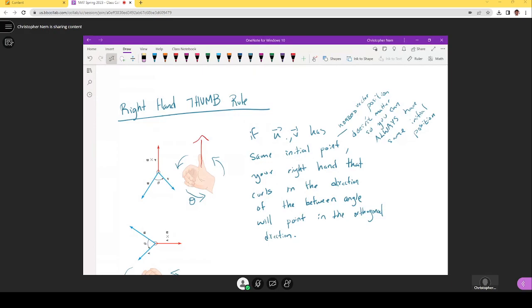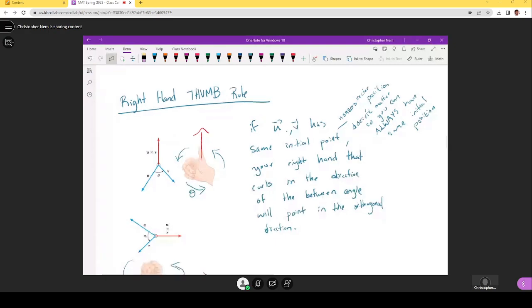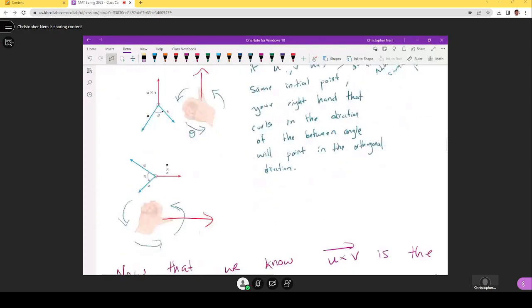Now, this is clear for this first image, but remember, sometimes we might have a vector sideways or whatever. We're working in 3-dimensional space now. It could be upside down or anything. So I need to know where that orthogonal vector lives if I have 2 random vectors. So I give another example of what happens if it's sideways.